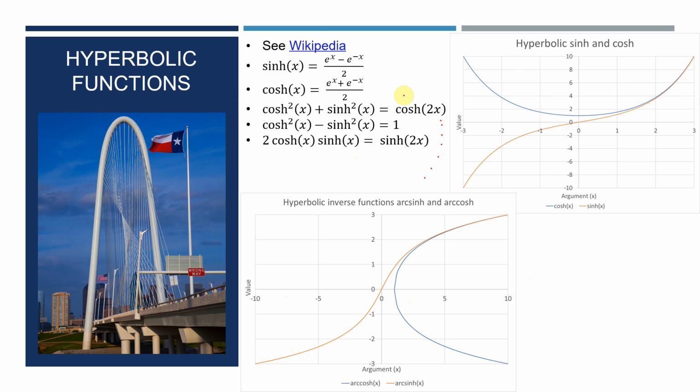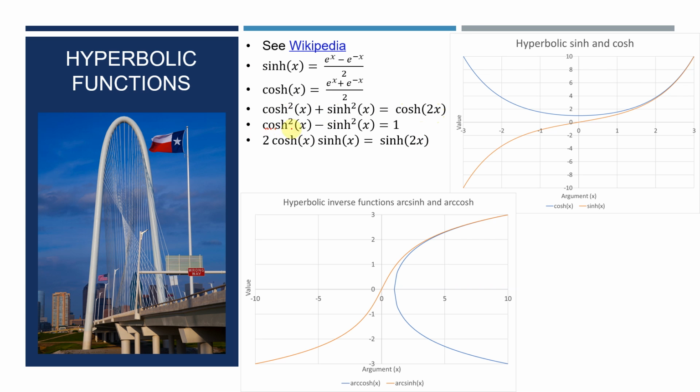Here are a few properties, but go to Wikipedia for a lot more. This is how they're defined, hyperbolic sine and cosine. The hyperbolic cosine squared plus the hyperbolic sine squared is the hyperbolic cosine of 2 times the argument. So this is starting to look similar to trig functions.